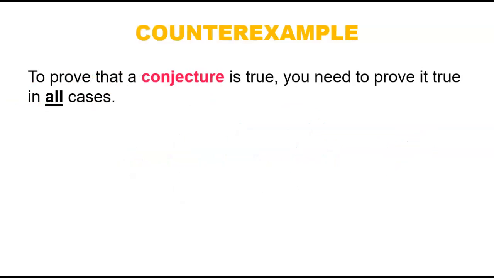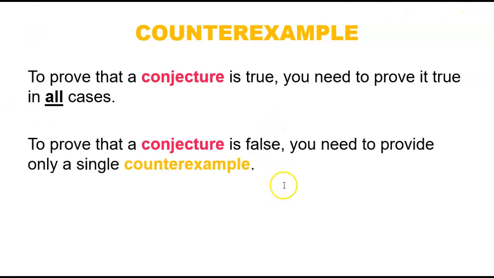Now for counterexamples. To prove that a conjecture is true, you need to prove it true in all cases. It can't be true sometimes or all but a few times. It has to be true all the time, okay? To prove that a conjecture is false, you need to provide only one single counterexample.